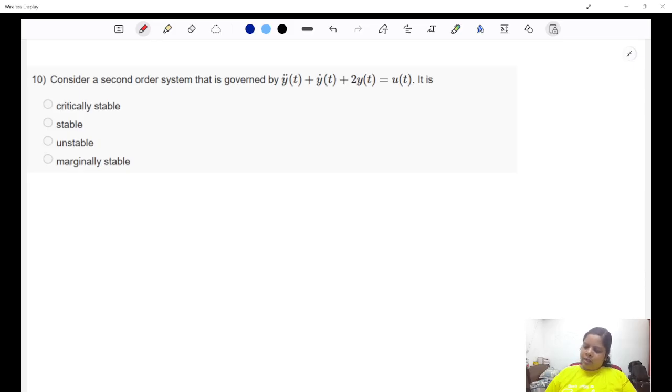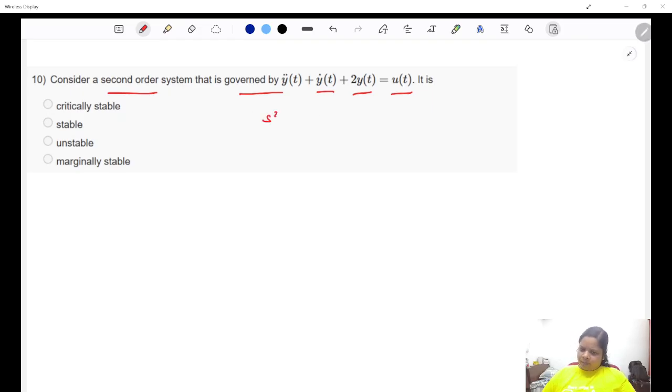Consider a second order system that is governed by y double dot t plus y dot t plus 2y(t) is equal to u(t). Is it critically stable? Is it unstable? Is it stable or is it marginally stable? So let's look at it. Let's take the Laplace transform.